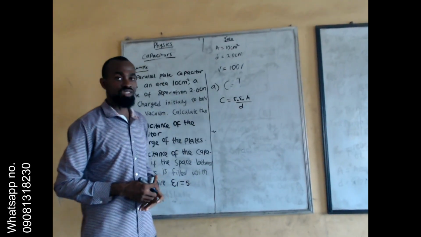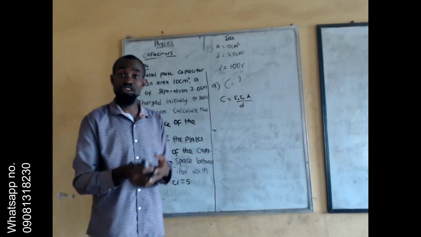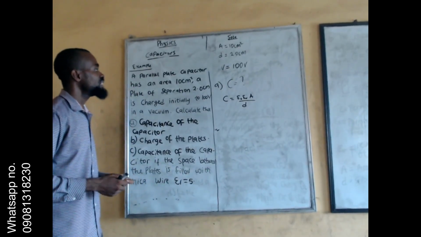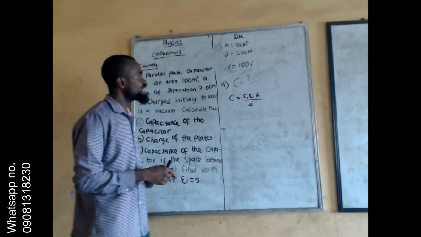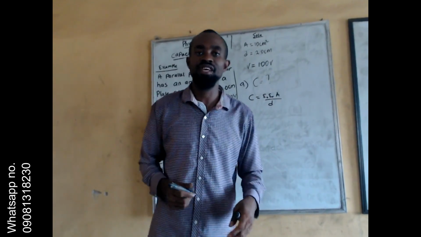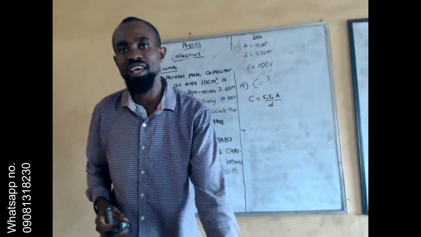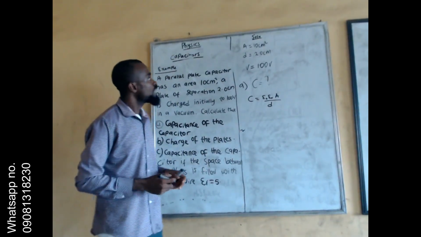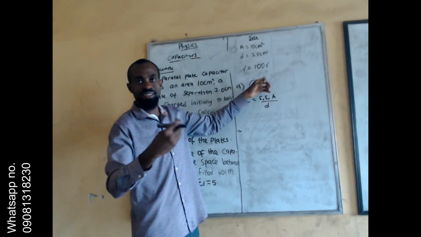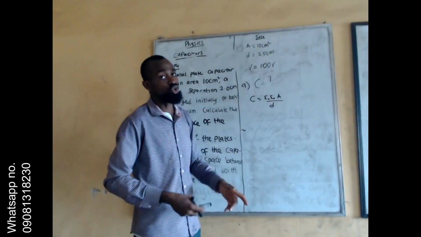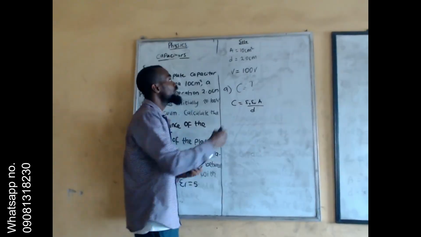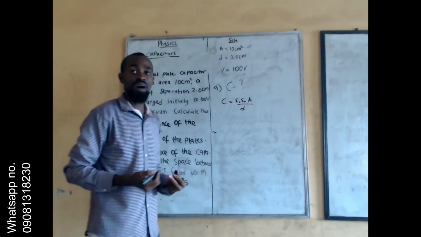Epsilon naught is a constant, the permittivity of free space, and epsilon r is the relative permittivity. Epsilon r will be taken as 1. Epsilon naught is 8.85 times 10 raised to the power minus 12. But before we calculate, you will notice that the potential difference is 100 volts, which is the SI unit, but area is given in centimeter square, which is not. So we have to convert. To convert centimeter to meter, you divide by 100.